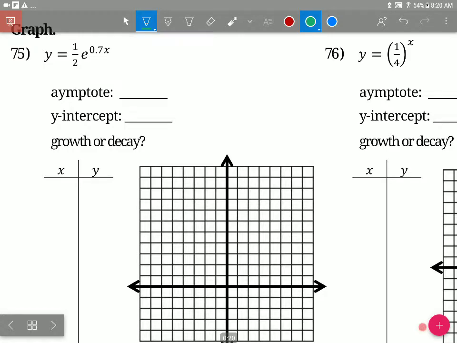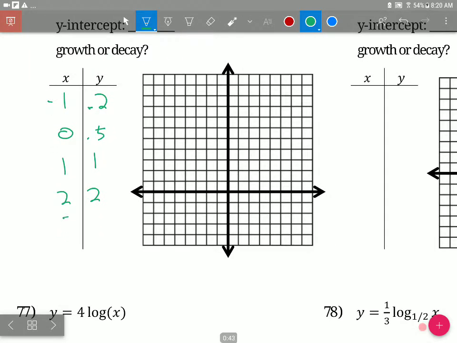All right, and you go to your table. Let's get some points to the left, some points to the right. So I've got -1.2, 0.5; 0, 1/2; 1, essentially 1; 2, essentially 2; 3, pretty much 4, it's like 4.0831; and 4, 8.2.